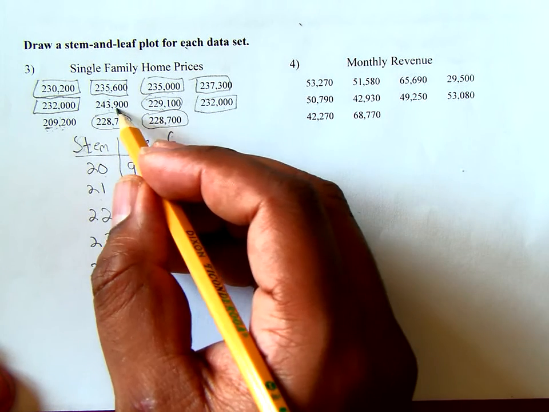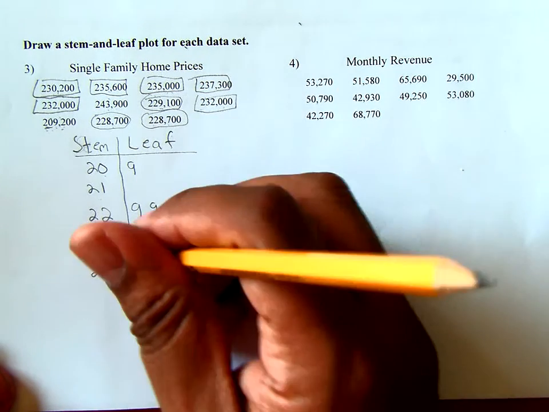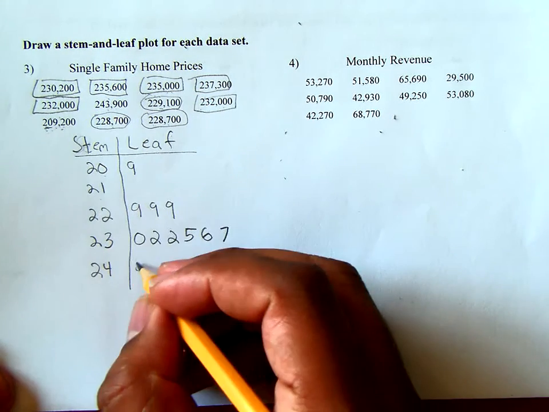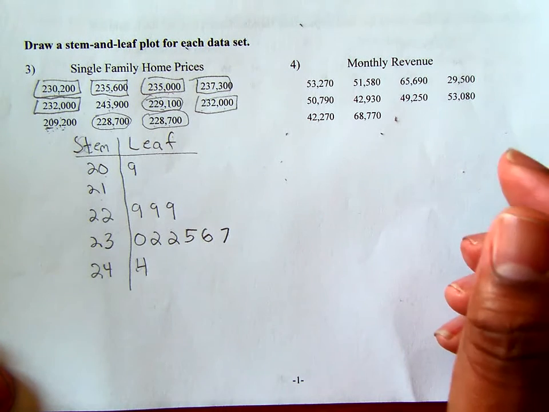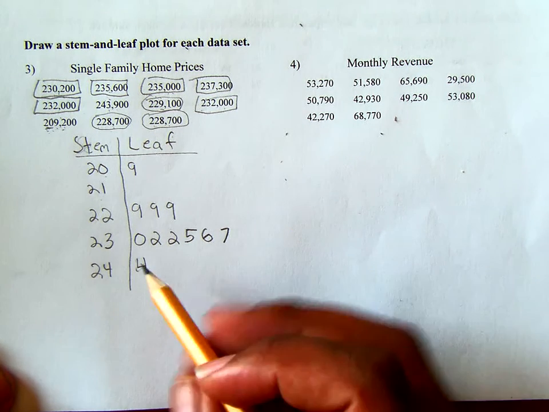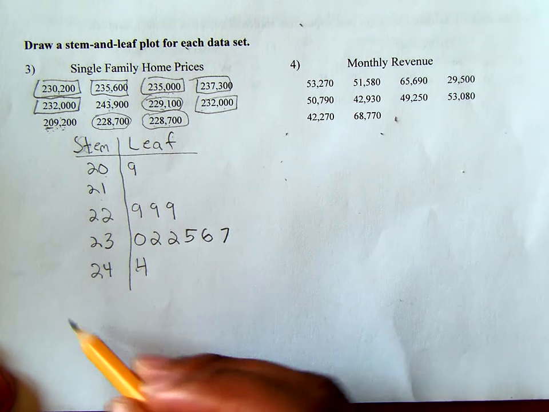But that 9 is going to round it up to a 4, so that's going to make it 20. Well, should put 23. So let's put 4. Okay, so that leaves it as all my data put into the stem and leaf.